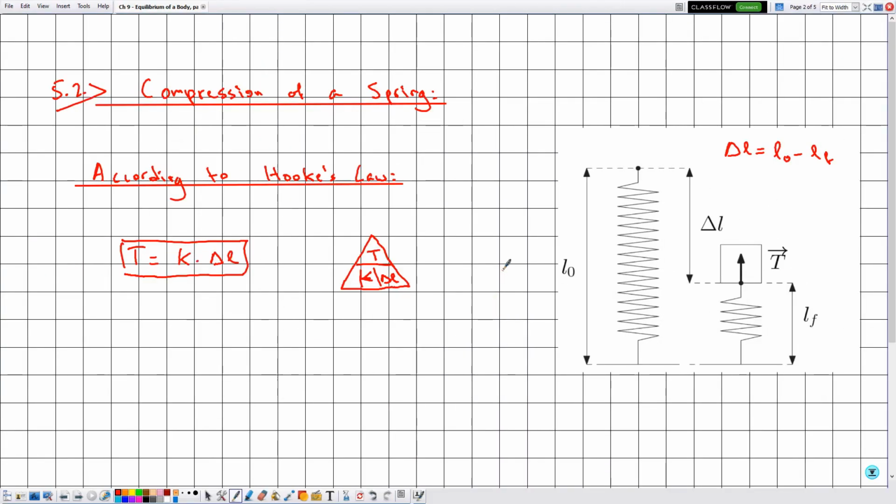And now let's redefine what each quantity represents with its corresponding SI unit.